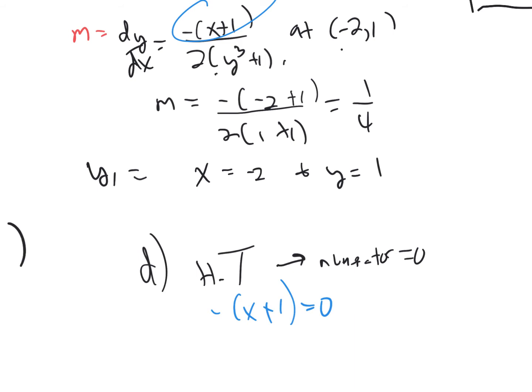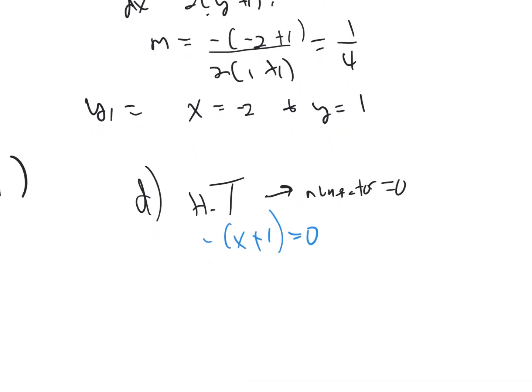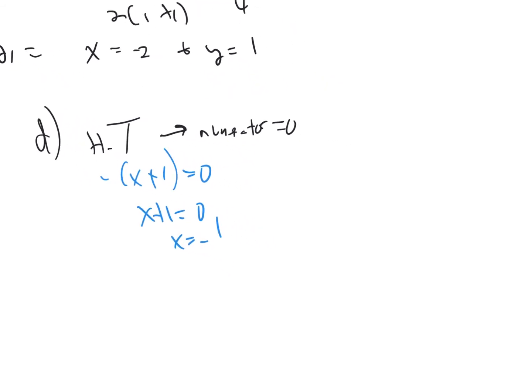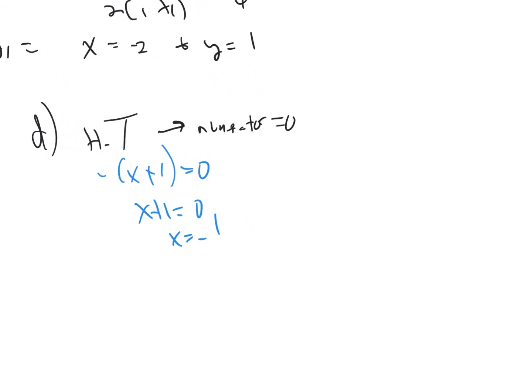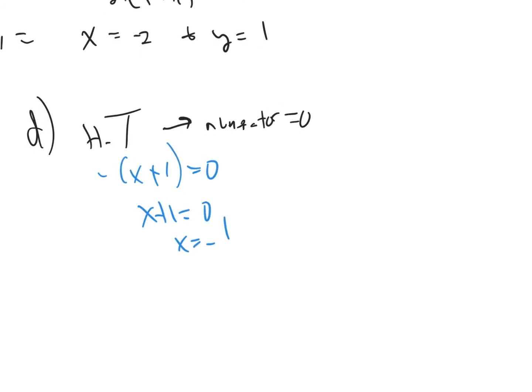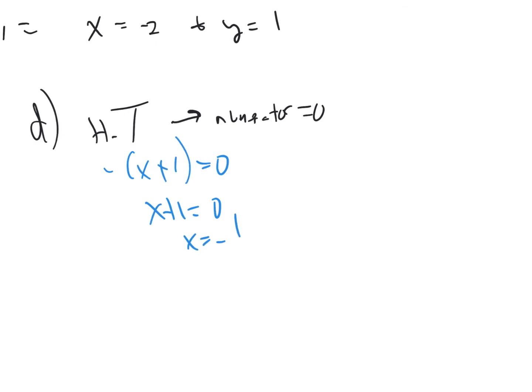That gives me x plus 1 is 0. x equals negative 1. If I plug that in, well, what do I need here? If x is negative 1, what is y going to be at that value?